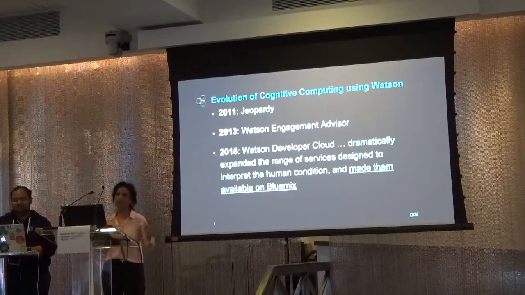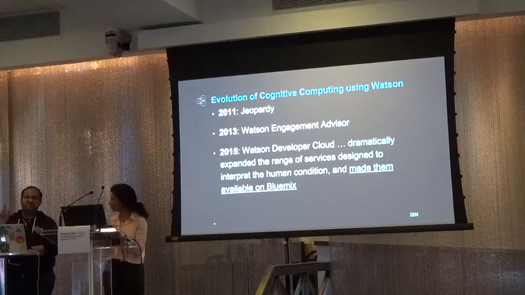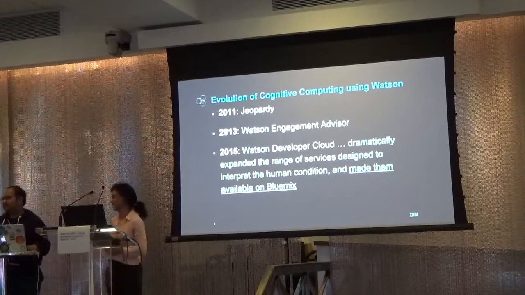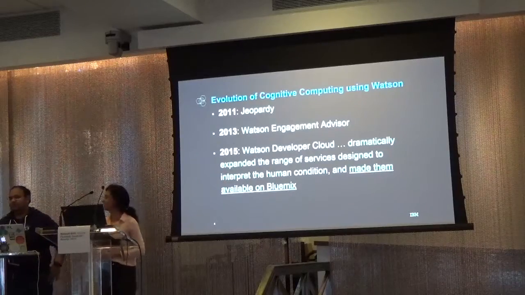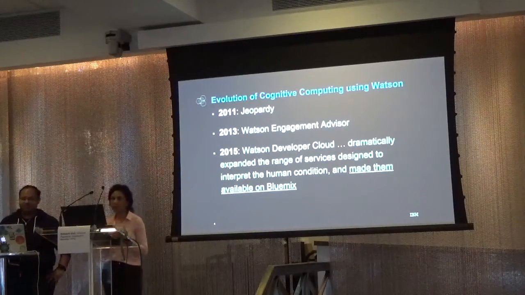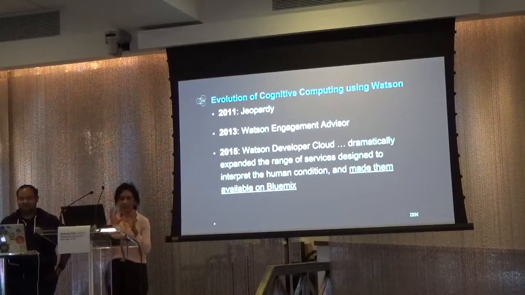And this is a long list of APIs that we will share with you. So free with an asterisk. 30 days it's free, then every month you get a free tier, and you're only charged after you exceed them. So Watson Developer Cloud is really cool. It gives you the services.